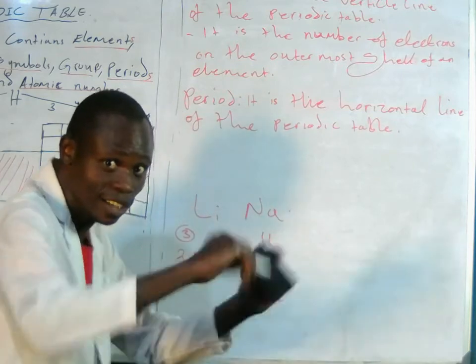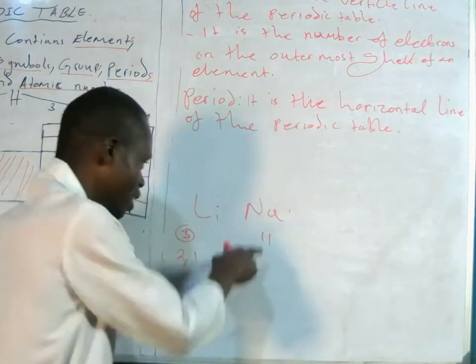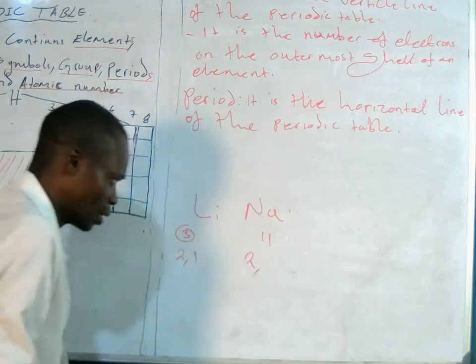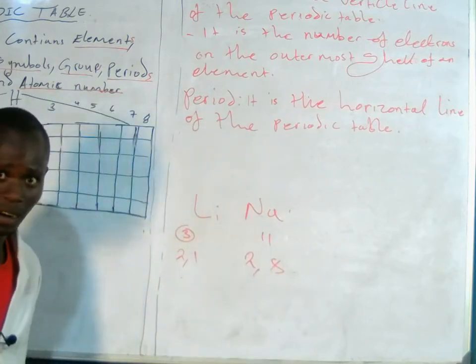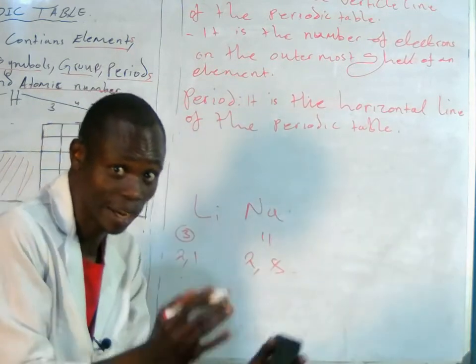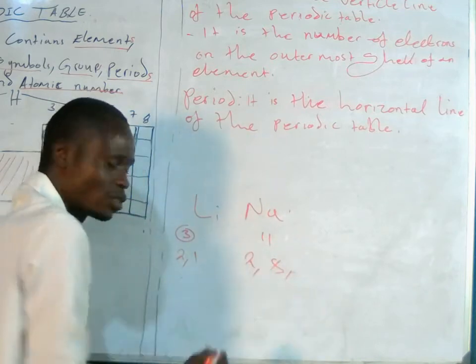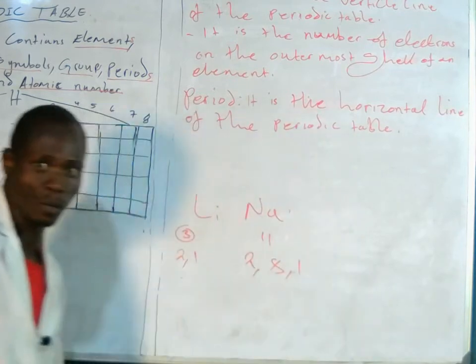If I write its electronic configuration, remember the minimum should be 2. Then there are 9 remaining. So we have 8, which is the maximum number of electrons that a shell can accommodate. When we add these 2, we get 10, so there is 1 for it to be complete. That 1, we put it there.